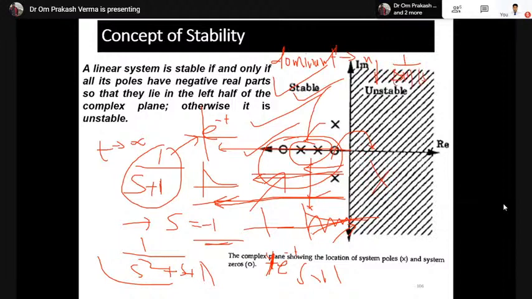I don't remember exactly what the question is, but the dominant pole concept is like this. The first pole is lying at s equals minus 100, and the second is at s equals minus 1.